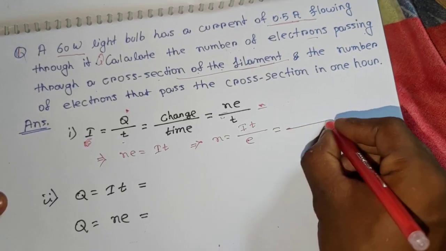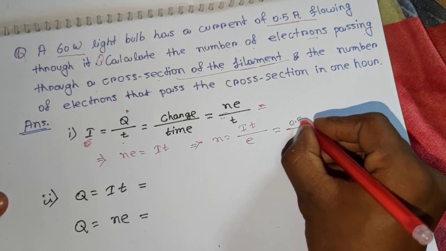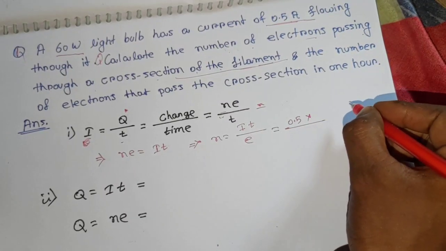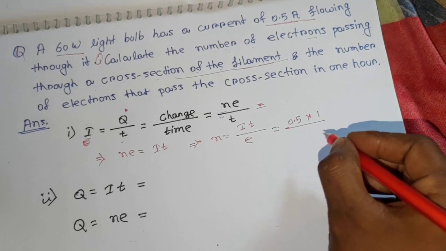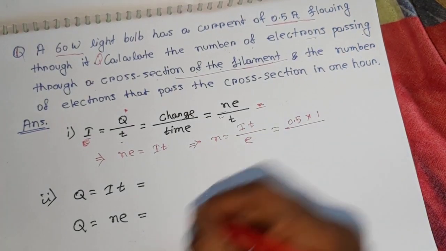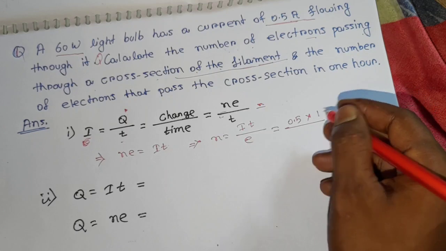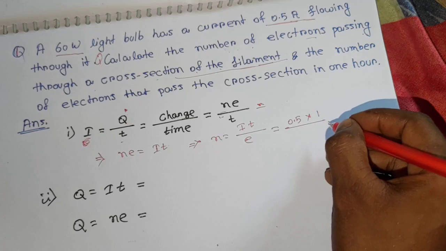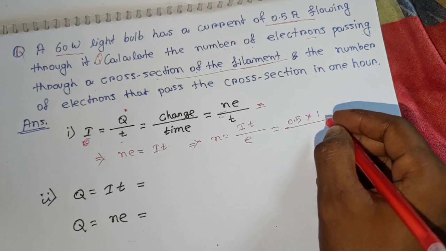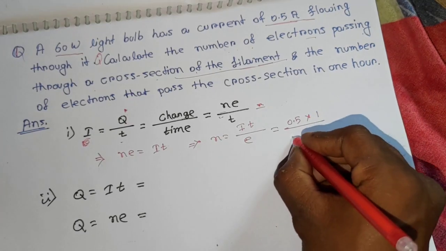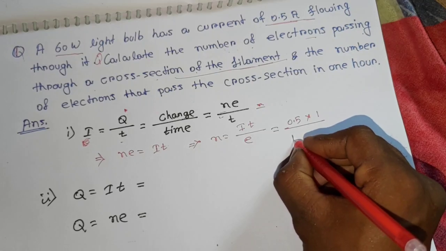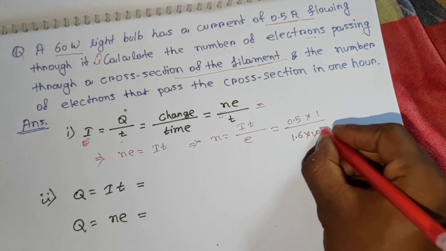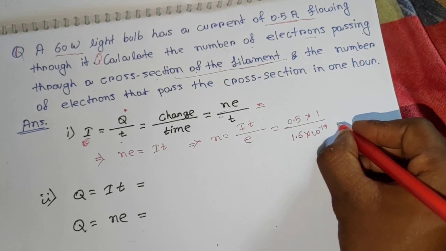So we write 0.5 into T, which is 1 second, divided by e, which is 1.6 into 10 to the power minus 19.